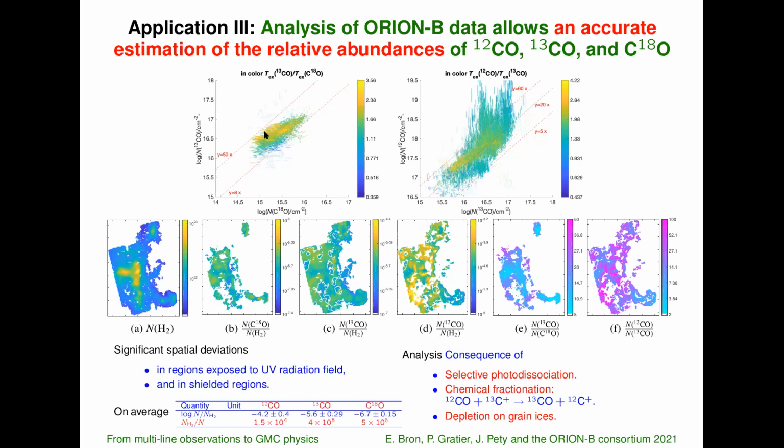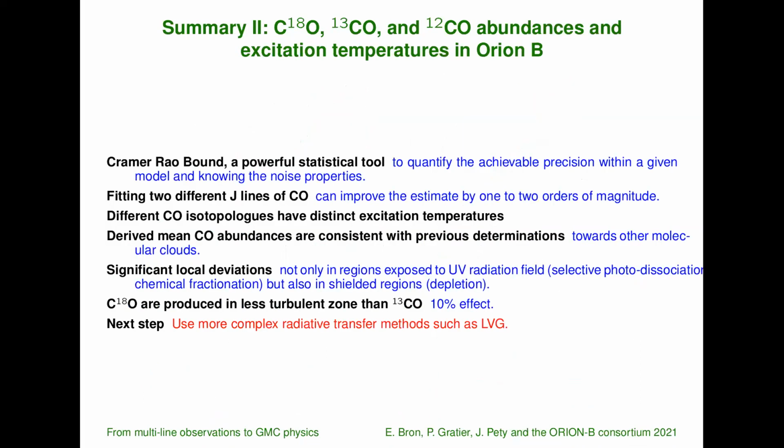And in fact, you have a value up to 40 or so. Here, this is due to selective photodissociation of C18O and depletion on ice grains that is more important for 13CO. Now, if you're looking at the typical value of the abundance of 12CO, 13CO, and C18O, we get typical values that we find in other GMCs in other studies. So we don't think we're biased.